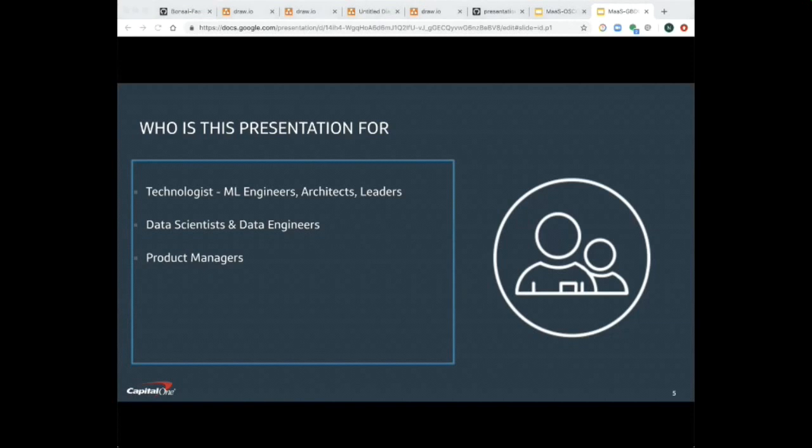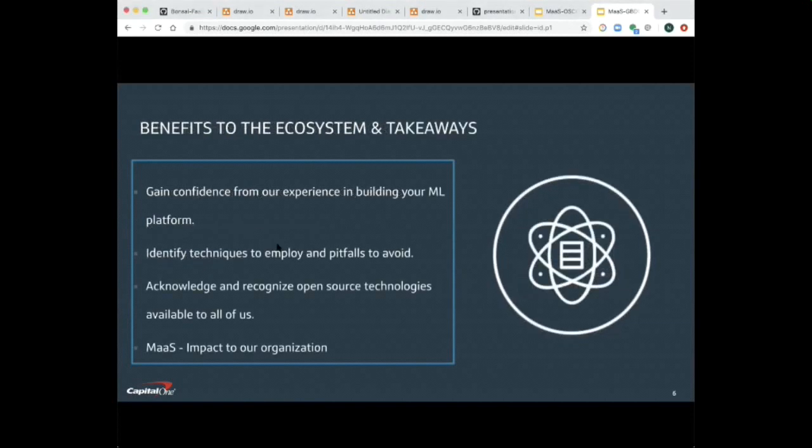The next thing is, what are the benefits to the ecosystem and takeaways from our presentation? One thing we have seen in the past, after giving the presentation and talking to people, is that many people are facing similar challenges in their enterprise.